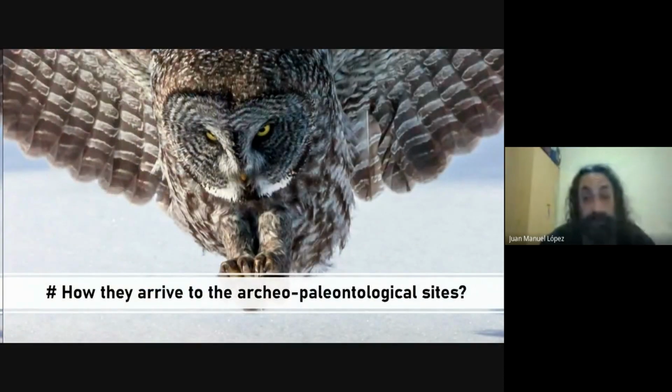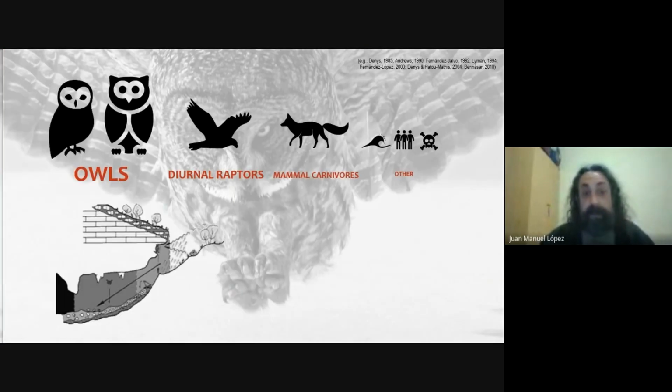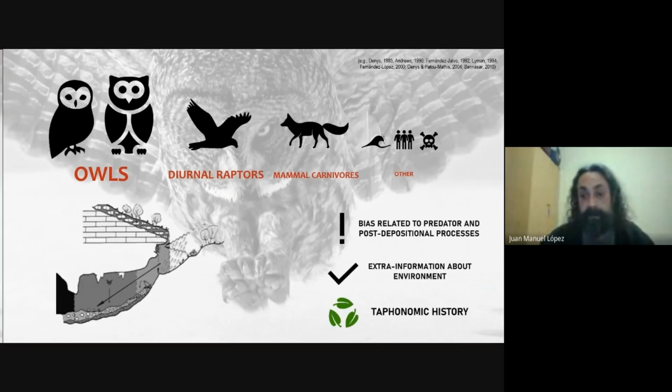How they arrive at archaeological and paleontological sites. The main thing is that you can find in an archaeological site, mainly in caves or rock shelters, an accumulation of small mammals because it's accumulated by predators.